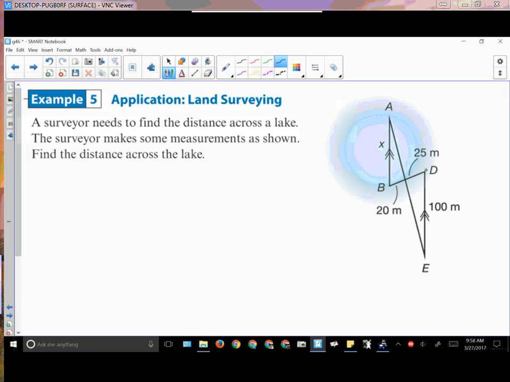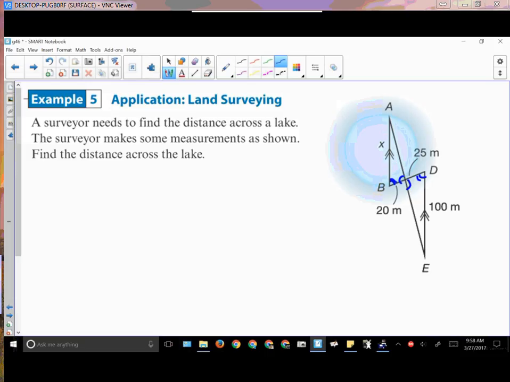Then they had another line that was parallel on the same bearing, which made life a lot easier because that became congruent, right? And because this line is parallel to that line, this angle here is congruent to that angle over there. So we've got alternate interior angles and vertical angles there.